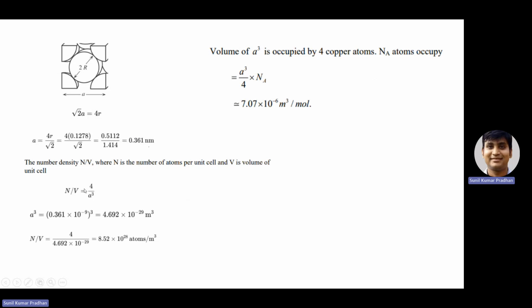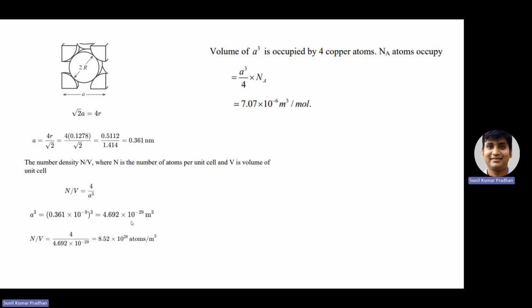So N by V will be 4 by a cube. And what is a cube then? a is your lattice constant. So a we calculated here, 0.361 nanometer. So it will be 4.692 into 10 to the power minus 29 meter cube.